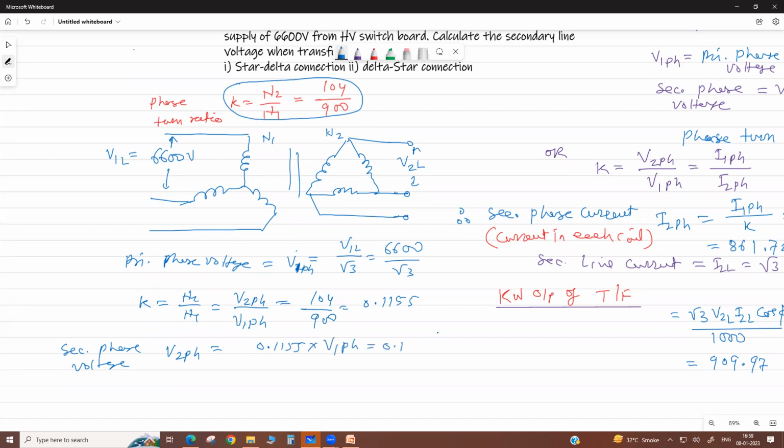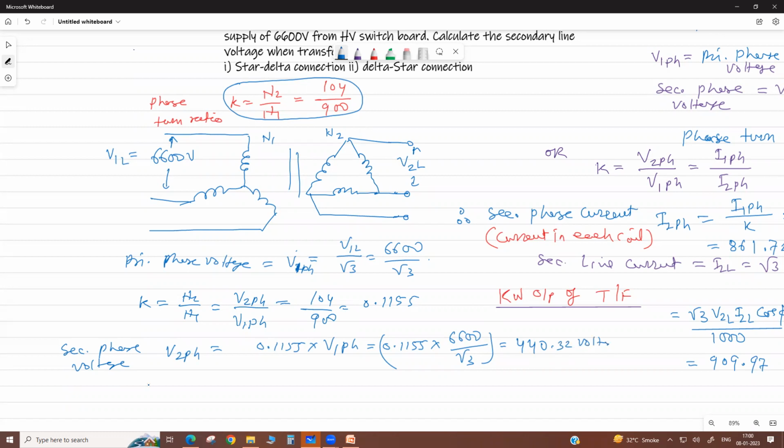This is the primary phase voltage. Either you calculate here or you divide. Sir, primary phase voltage is equal to line voltage because it is in star connection? In star it is not equal. First if we calculate phase value, it comes 440 volt, 0.32.